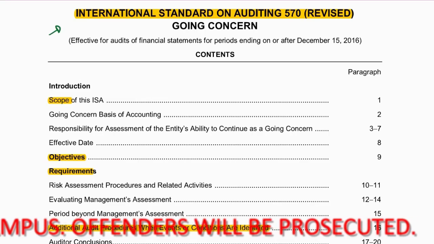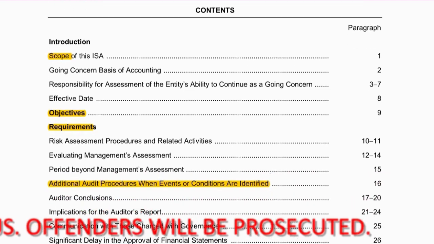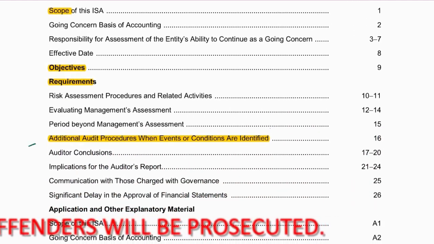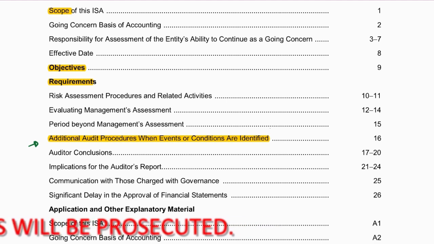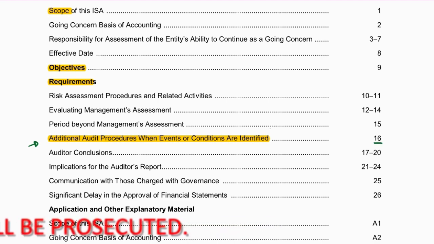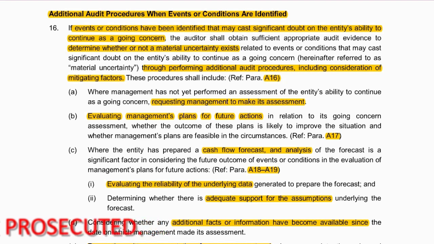In ISA 570, dealing with the going concern, I've got additional audit procedures when events or conditions are identified. So I'm going to go straight to paragraph 16. Paragraph 16 refers me to paragraph A16, but it does give me some additional procedures. I need to request them to make an assessment, evaluate their future plans and their actions, where they have prepared cash flow forecasts and analysis.